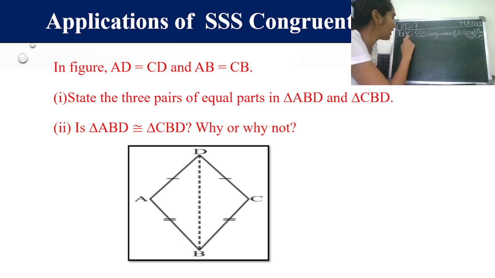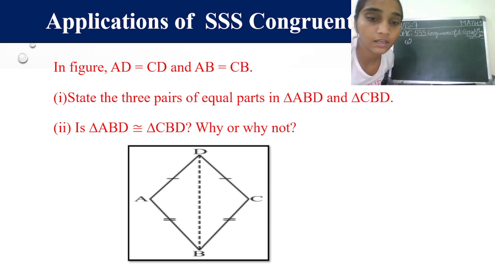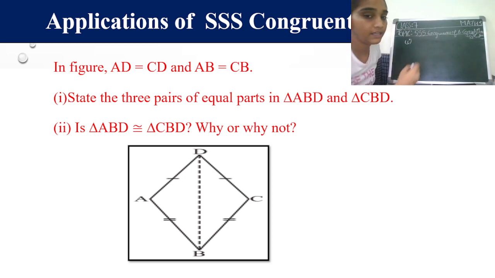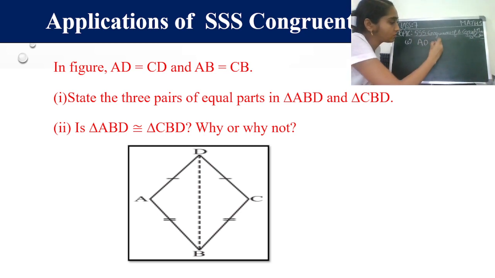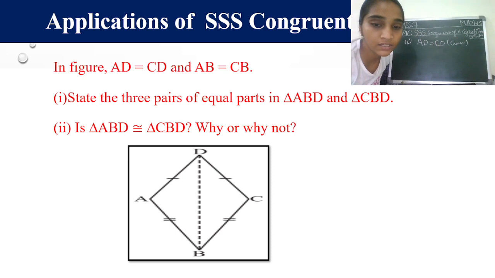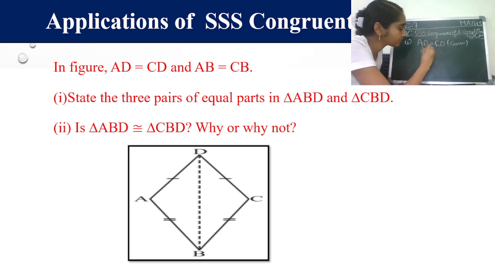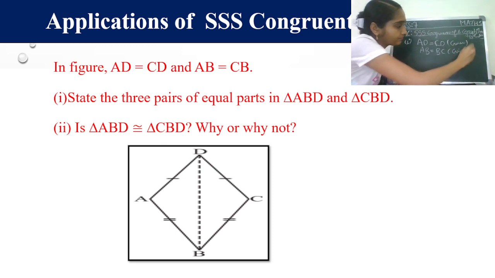So let us try to answer the first question which they are asking. So students, in triangle ABD, side AD is equal to which side of triangle CBD? Yes, AD is equal to CD. This is already given. And similarly, students, AB is equal to BC. This is also given.